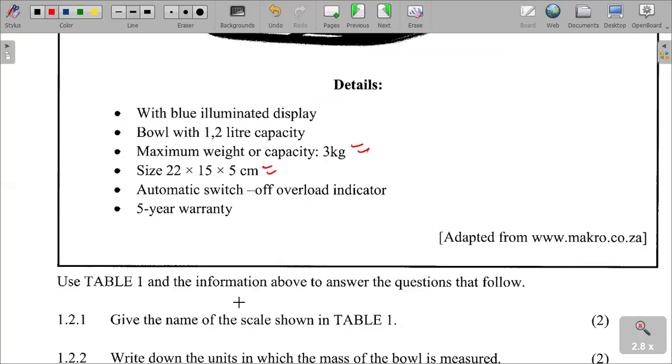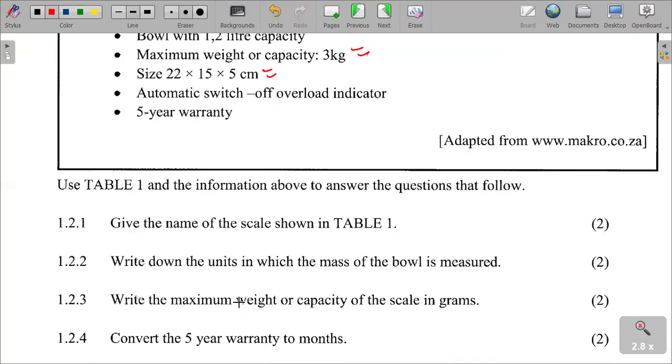That is what is given there. And the question says use Table 1 and the information above to answer the questions that follow.